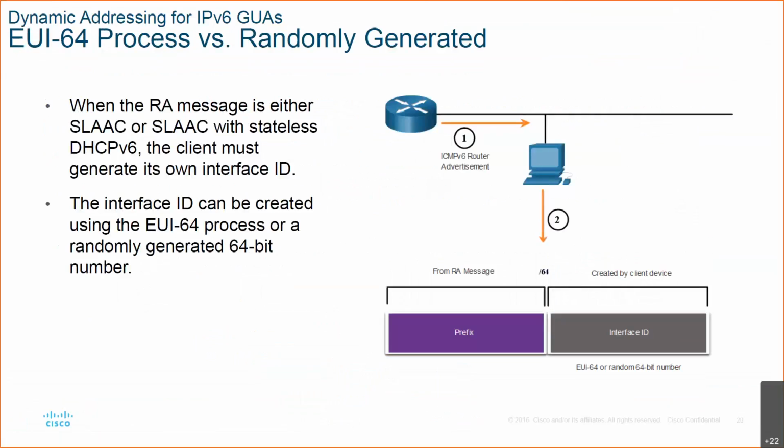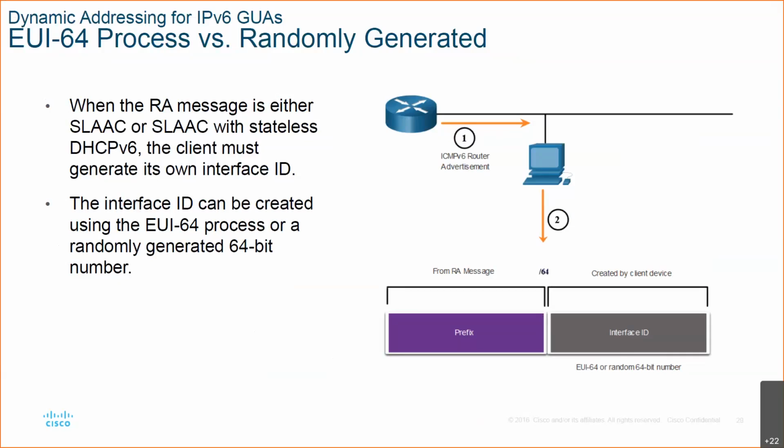So the issue is, how does the EUI64 process work, and how is it different than randomly generating a value? When you use your router advertisement message with SLAAC or SLAAC with stateless DHCP, the client must generate its own interface ID. In those situations, the client will automatically generate it by using EUI64.